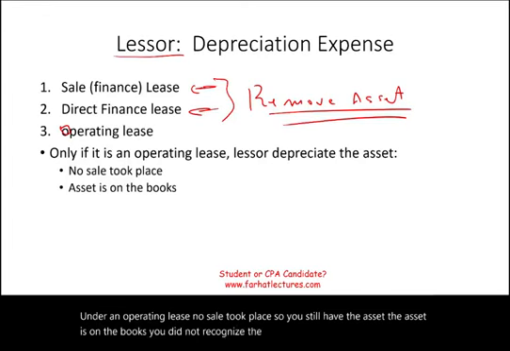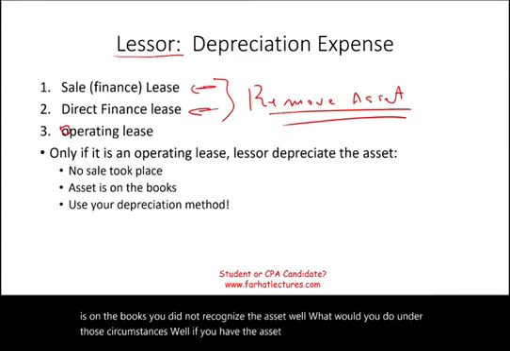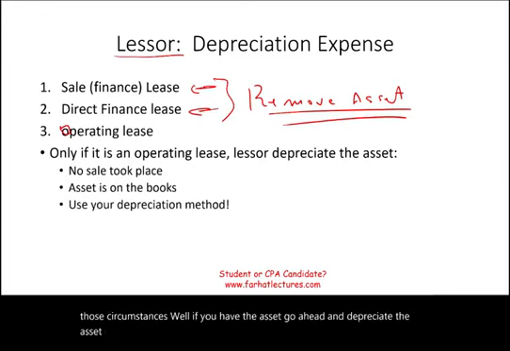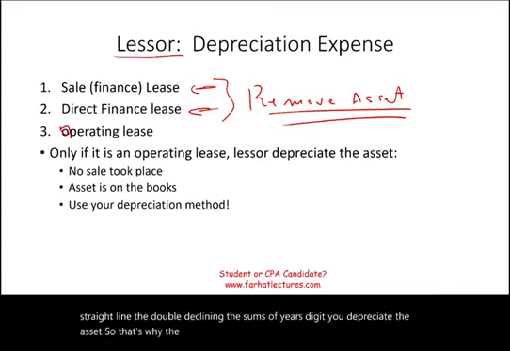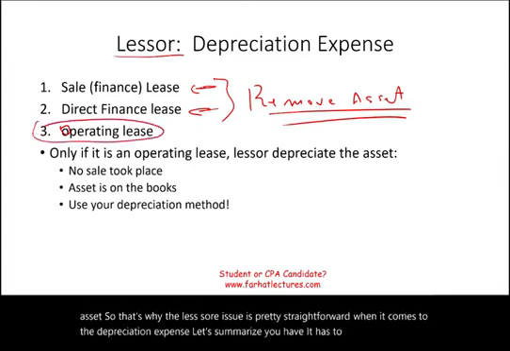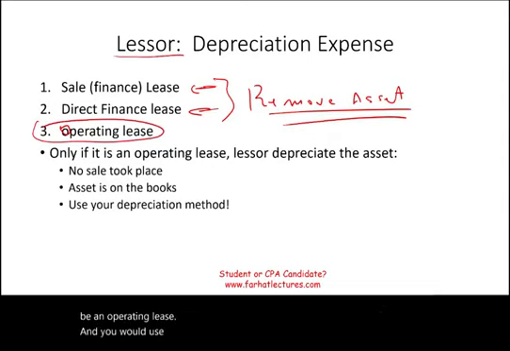Well, what would you do under those circumstances? If you have the asset, go ahead and depreciate the asset under an acceptable method. It doesn't matter whether you are using the straight line, the double declining, or the sum of the years digits, you depreciate the asset. So that's why the lessor issue is pretty straightforward when it comes to depreciation expense. Let's summarize. It has to be an operating lease, and you would use your regular depreciation method.